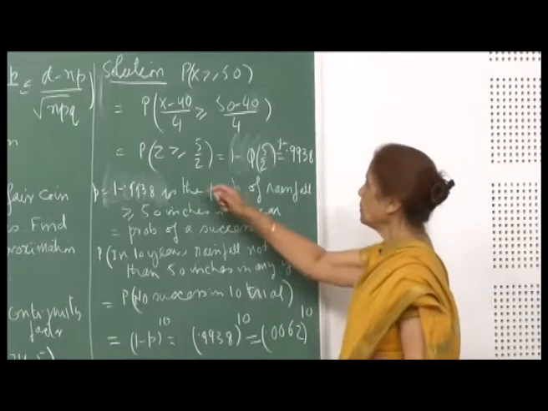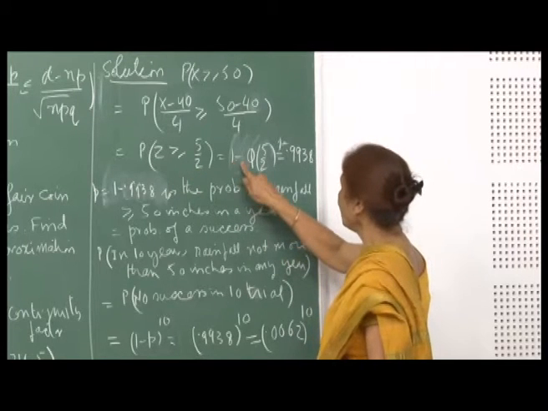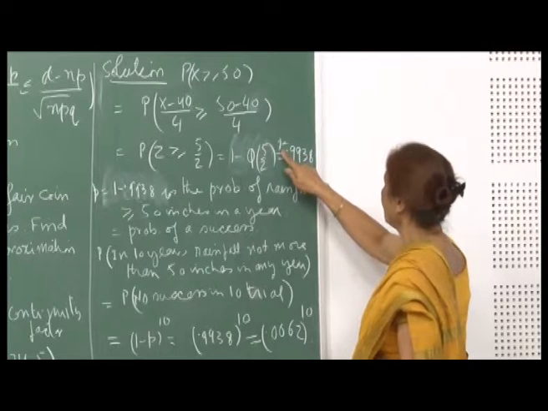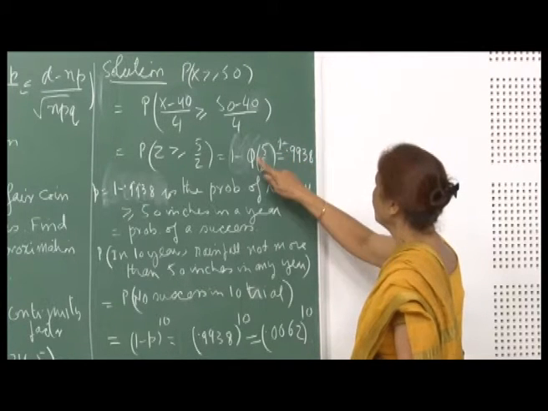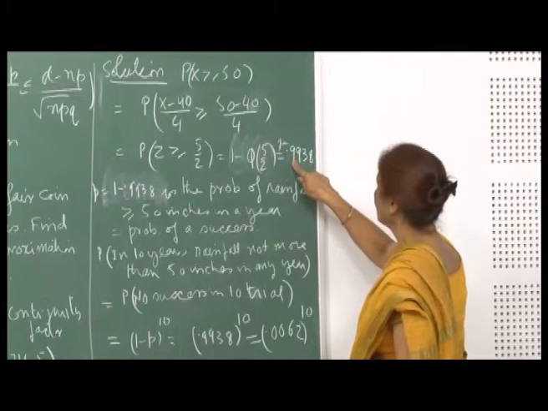So, the probability would be standard normal variate greater than or equal to 5 by 2, which will be 1 minus Phi of 5 by 2, and that is 1 minus 0.9938, because Phi of 5 by 2 is 0.9938. So, this is the probability.